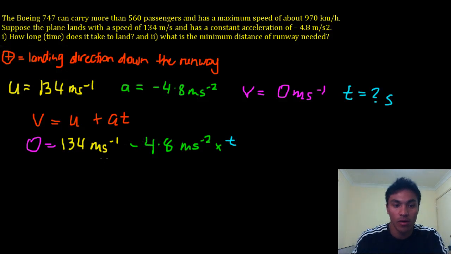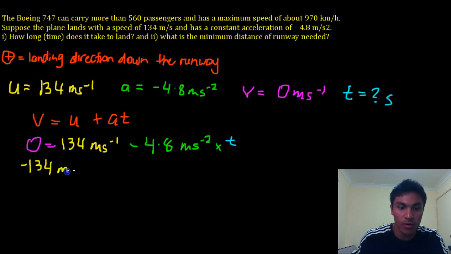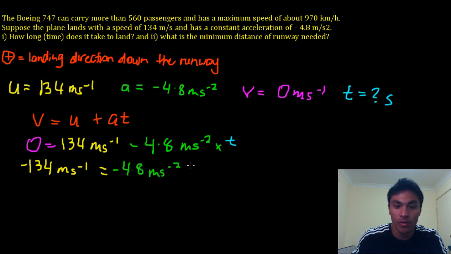Because our left hand side will be 0, what if we bring this over to the left hand side? Then we will get negative 134 meters per second equal to negative 4.8 meters per second multiplied by t times t.